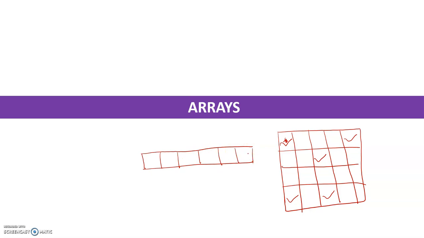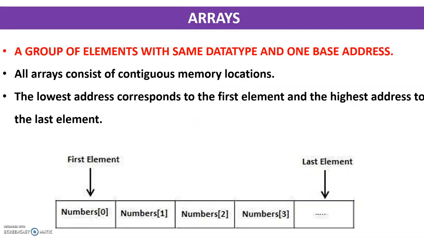So when you want to allocate memory in a consecutive manner, at that time we can use an array. An array is something in which you can store the data in some particular range, but the most important thing is all the elements of that group will have the same data type and only one base address.